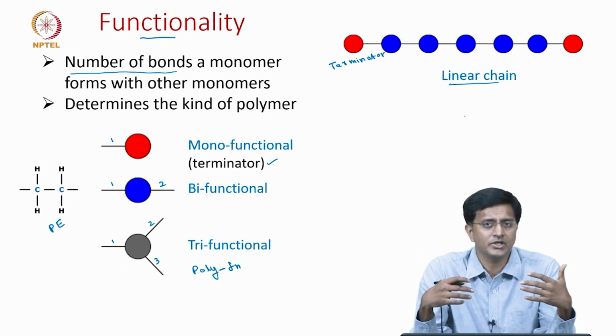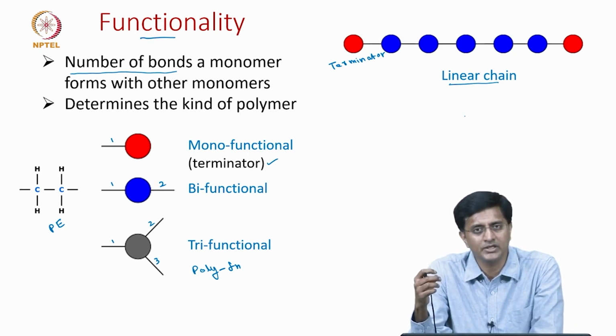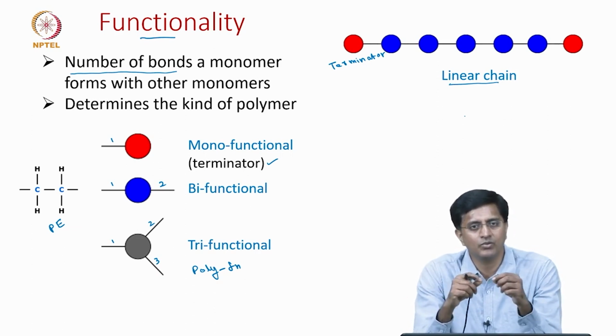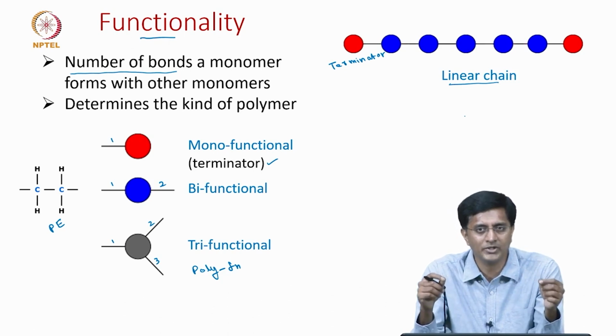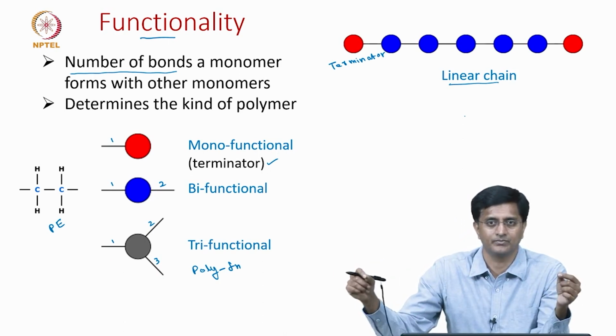Let me pose a small question to you. What happens if we have a very small fraction of these terminators added to this polymer solution? If we have very few terminators, then you can form fewer polymer chains. If we are forming fewer polymer chains, then we should expect that the length of these polymer chains are very long.